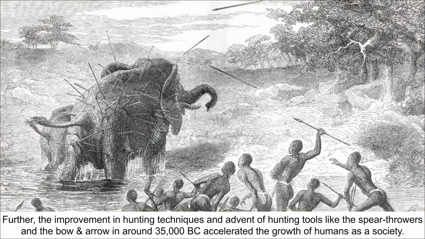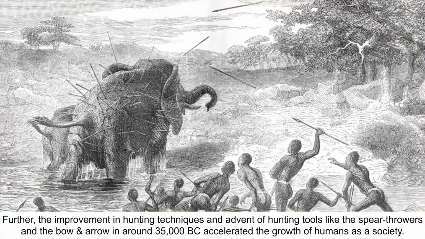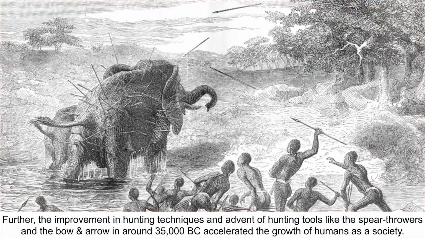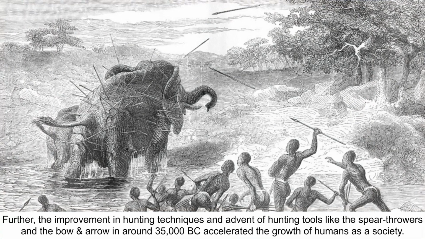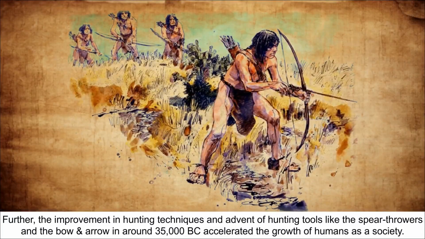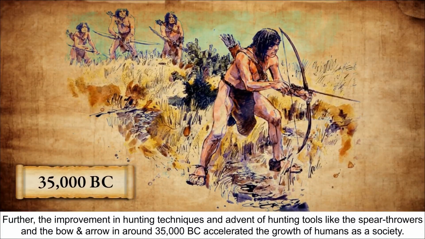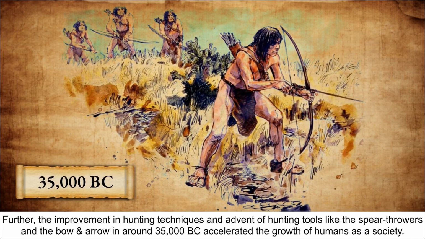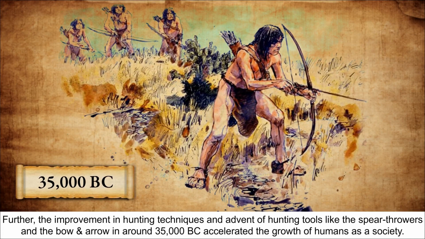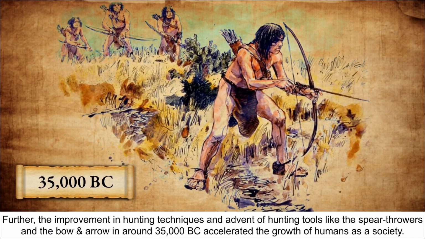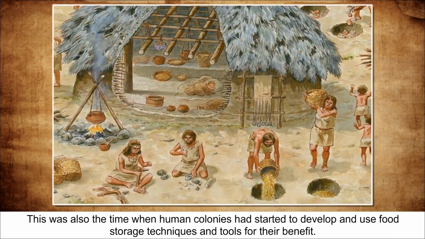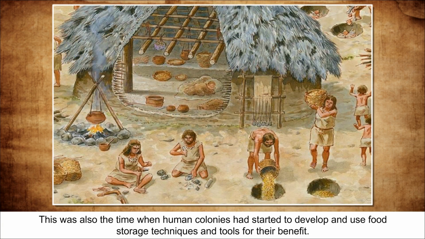Further, the improvement in hunting techniques and the advent of hunting tools like the spear throwers and the bow and arrow in around 35,000 BC accelerated the growth of humans as a society. This was also the time when human colonies had started to develop and use food storage techniques and tools for their benefit.